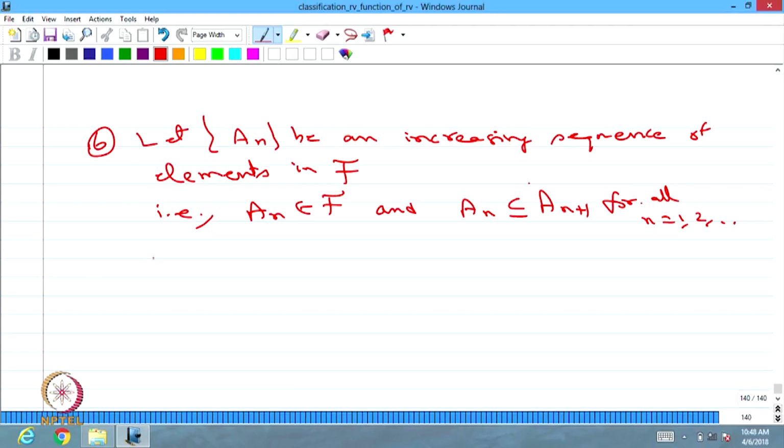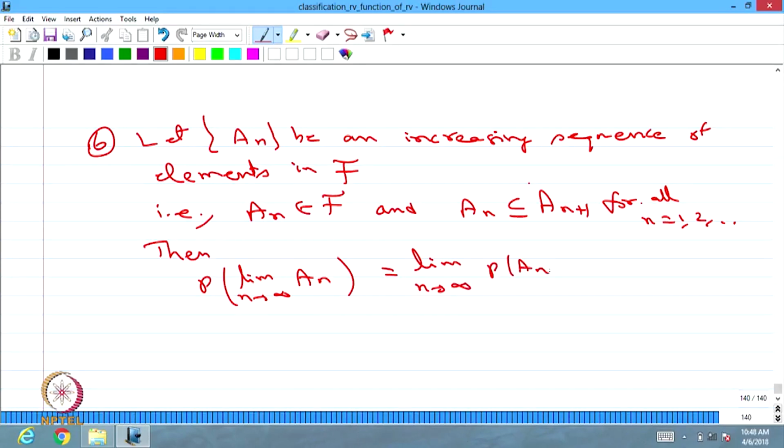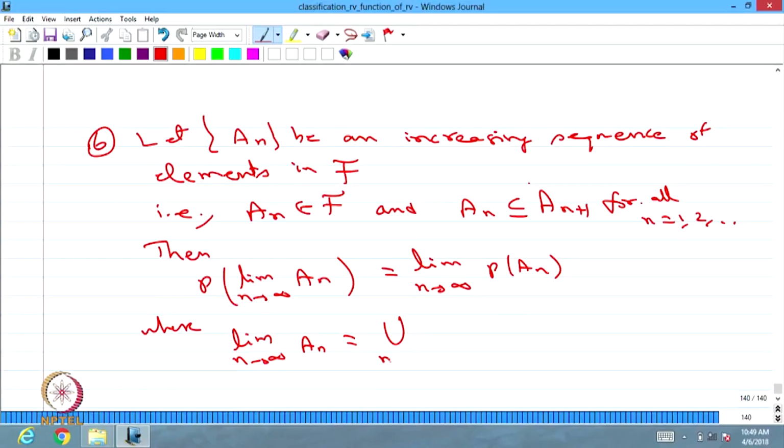Then what the result says: P of limit n tends to infinity A_n is the same as the limit n tends to infinity P of A_n, where the limit n tends to infinity A_n is nothing but, since the A_n are an increasing sequence of elements, the union of n equal to 1 to infinity A_n.